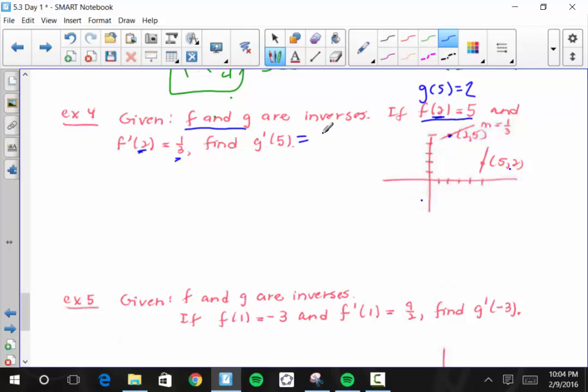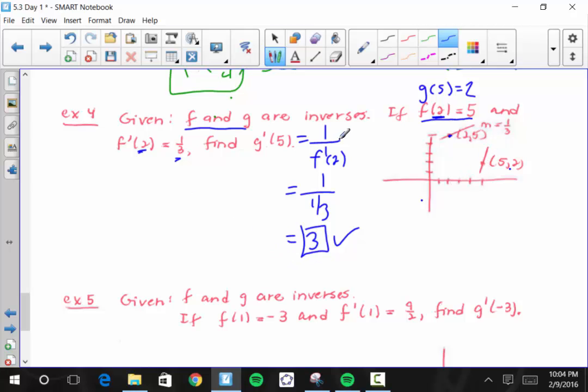g prime of 5 we know is 1 over, we swap the 5 with the 2 right there, so 1 over f prime of 2. Well, this is equal to 1 over 1/3, which is equal to 3. And 3 is between 2 and a trillion, so it checks off. There's really nothing to do with 2 and a trillion, but I just estimated right there.